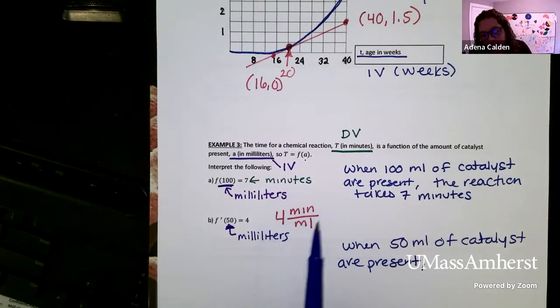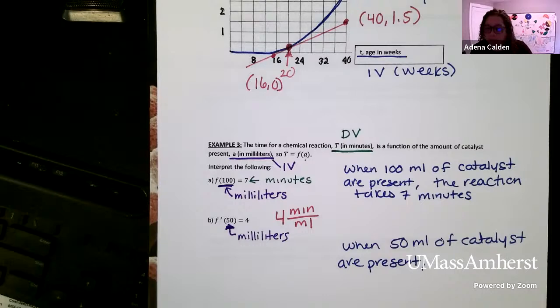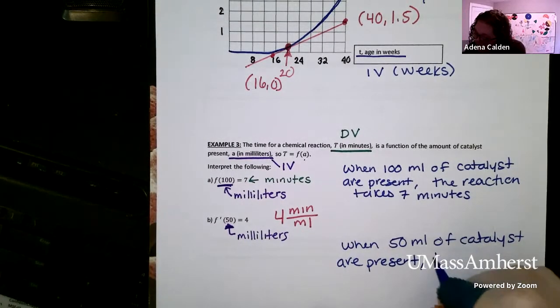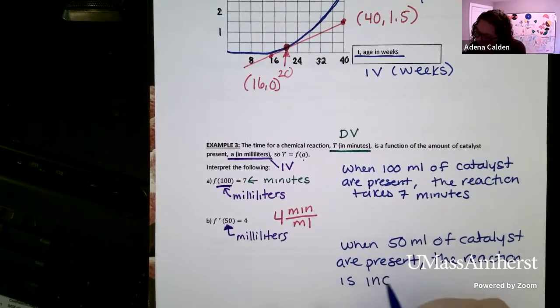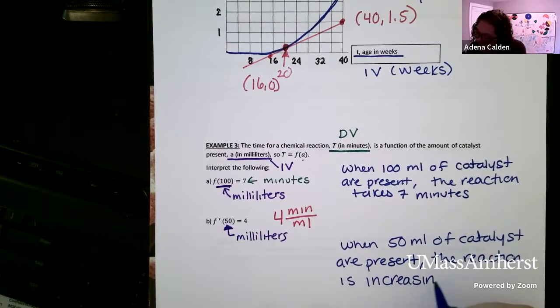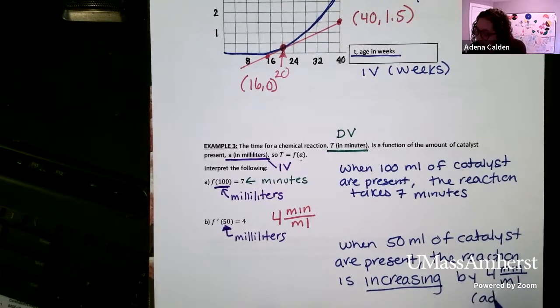Remember, this is talking about the rate of change of the reaction. So when we talk about the reaction, we would say the reaction is increasing, and I'll talk about why we say increasing in a minute, by 4 minutes per milliliter, and we can add in the word added if we think that makes sense.